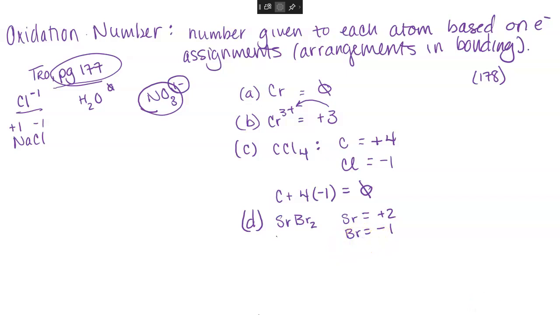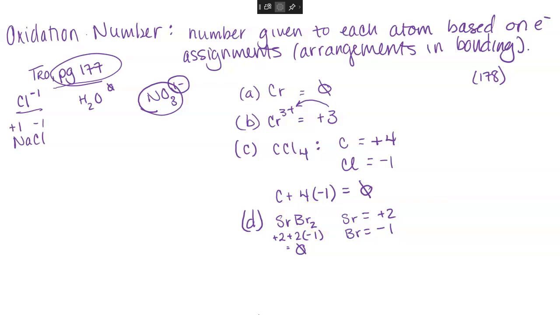Because when we look at this, +2 plus 2 -1s does add to 0, which is the overall charge on the compound, right? So they should cancel out. The 2 here is used for charge balance, or your ratio, so that the charges sum to 0.